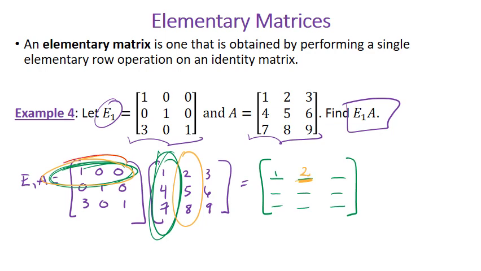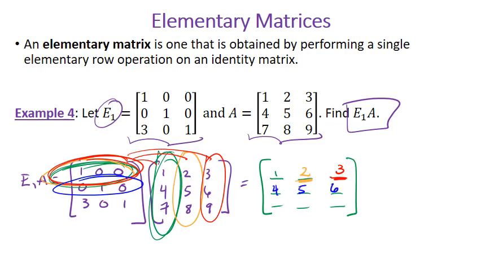Then you continue with the same row, but the last column. So your answer goes in the same row, last column. Once you have used this row on all 3 columns, you move to the next row and you repeat on all 3 columns to get this resulting matrix here.